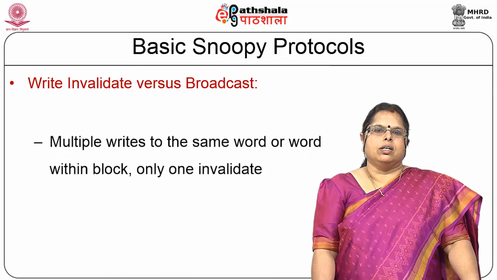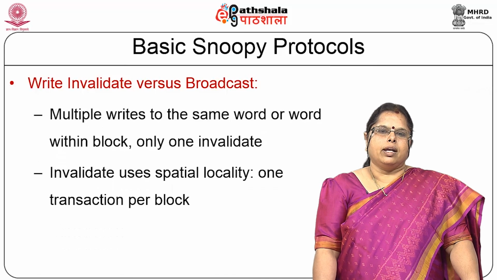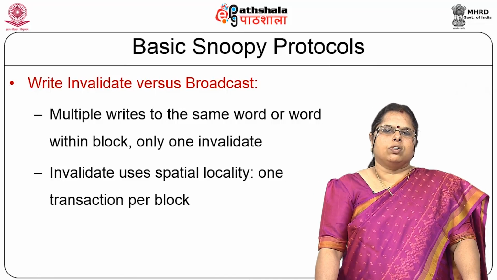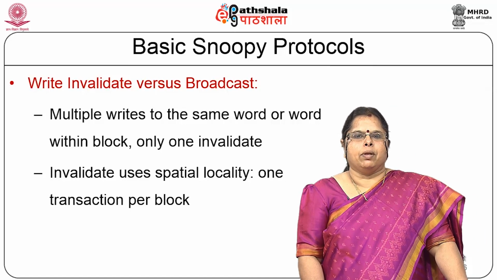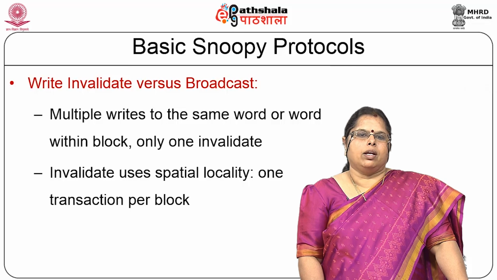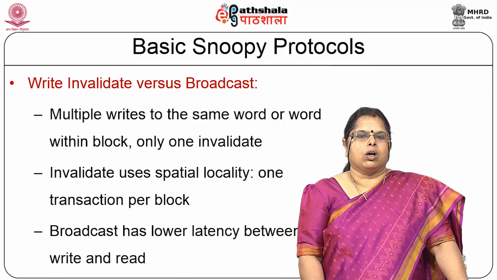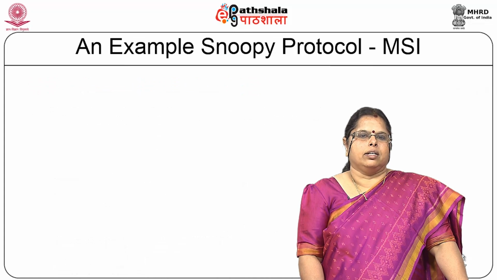So, if you look at the comparison between these two protocols, write invalidate versus write broadcast, for multiple writes to the same word or word within a block, there is only one invalidate happening if you are looking at a write invalidate approach. An invalidate basically uses spatial locality because there is only one transaction per block, and the broadcast has lower latency between the read and write.